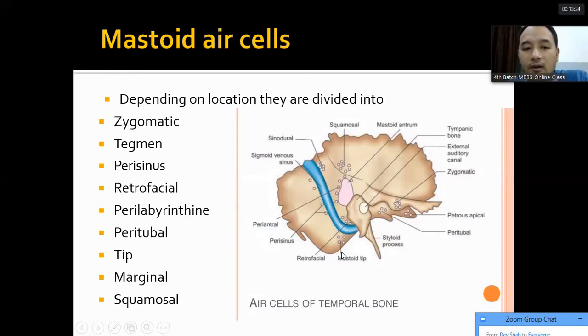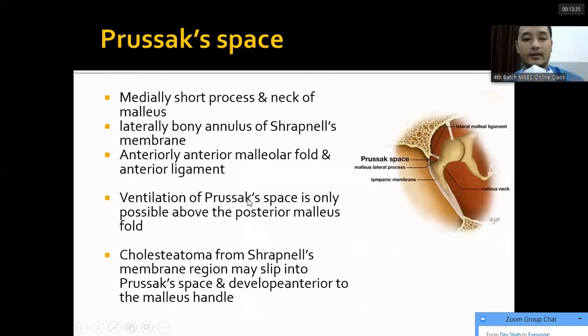These are the different groups of mastoid air cells. The source of air in all these mastoid air cells is through the mastoid antrum. The only way the air enters the mastoid air cell system is through the Eustachian tube.